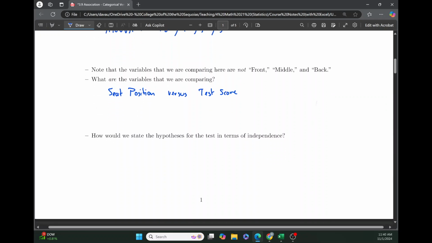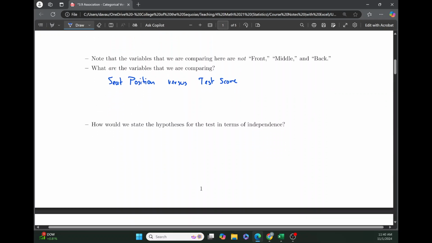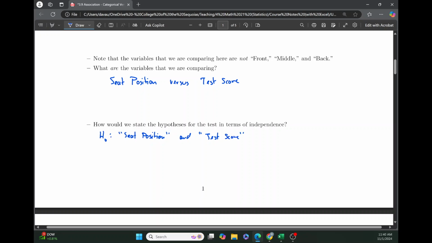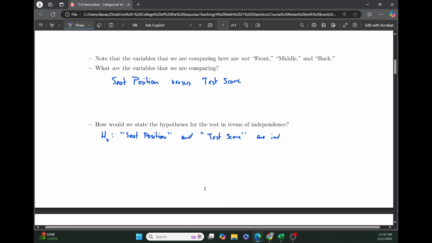So then how would we state these hypotheses in terms of independence? Well, we would say the null hypothesis is that seat position and test score are independent.